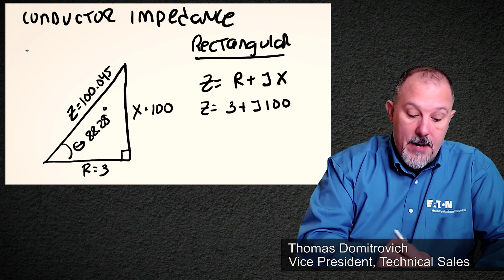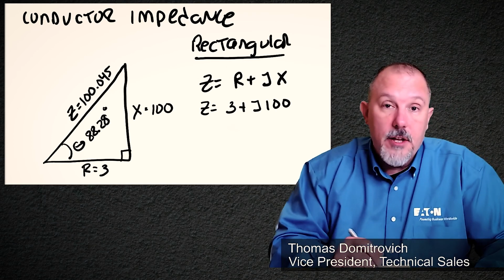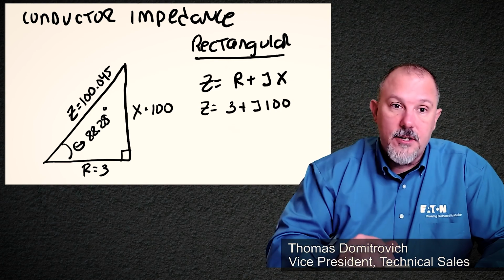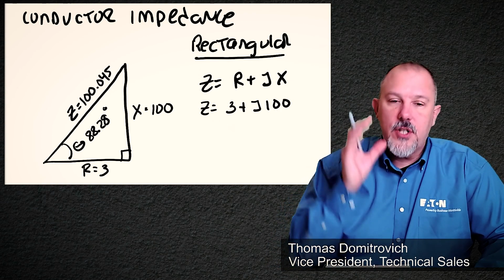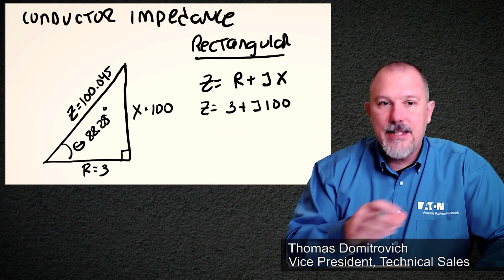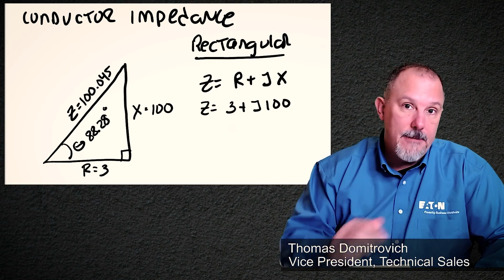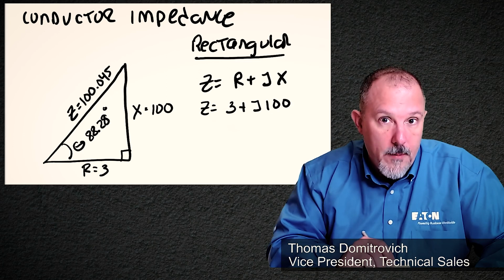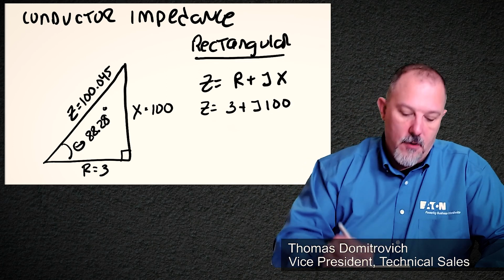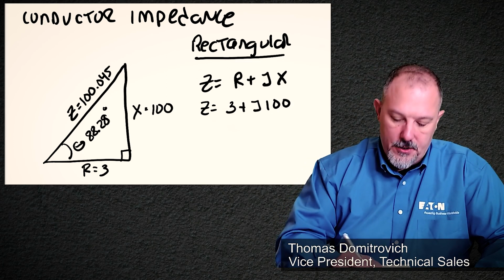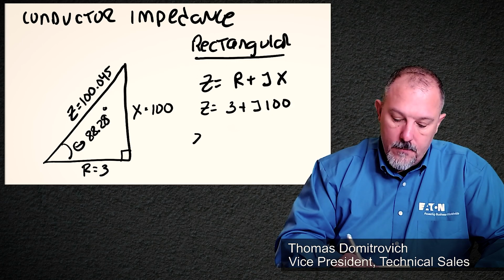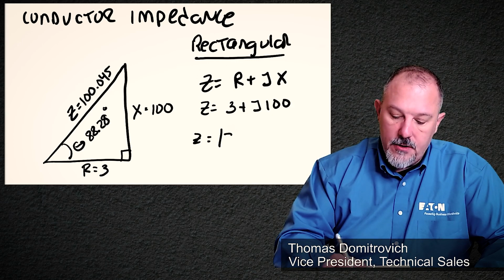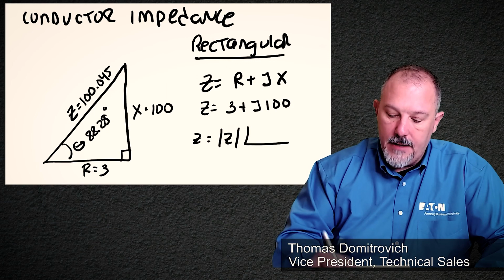So I know a lot about this little equation here, this triangle and this conductor. I know its angle, I know its r resistance, I know its x, I know its impedance z, and I can put it into rectangular format. I can put it in polar format as well. Polar format is represented as the magnitude of z at an angle theta.